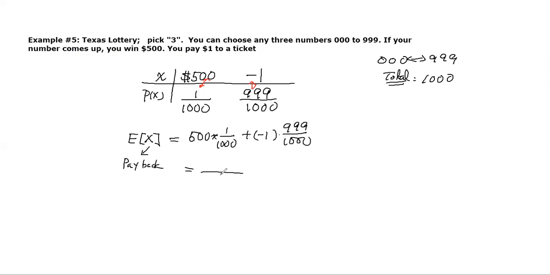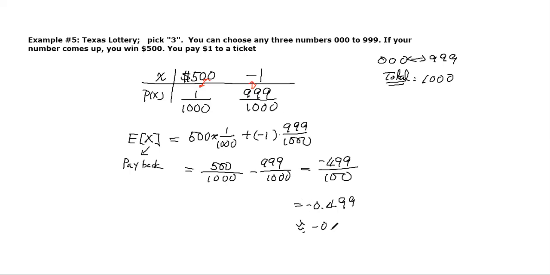So this will be 500 over 1,000, and minus 999 over 1,000. So what is here? Negative 499 over 1,000. So it's about a negative 0.499, pretty close to 50 cents, right?